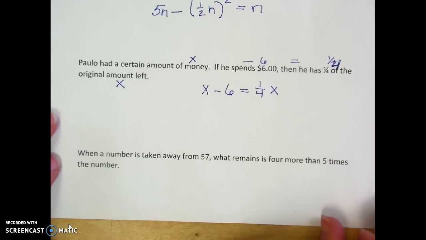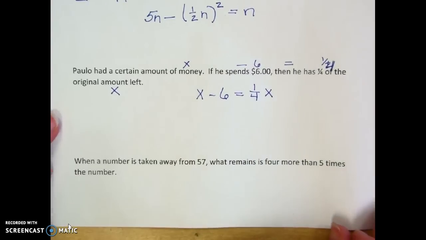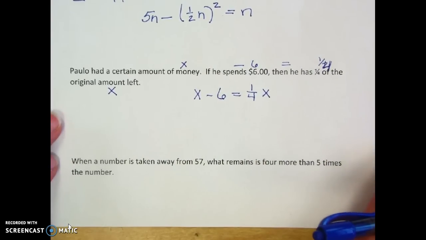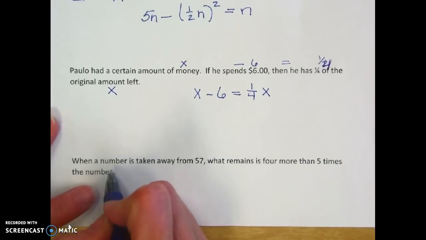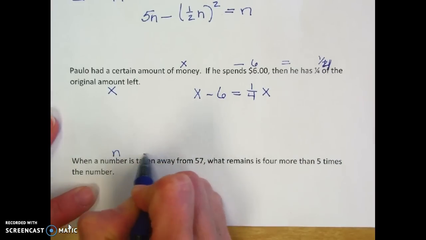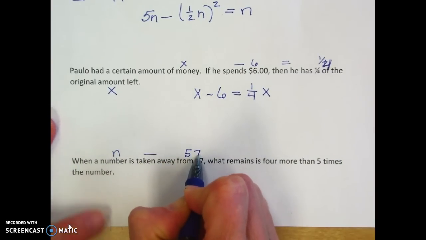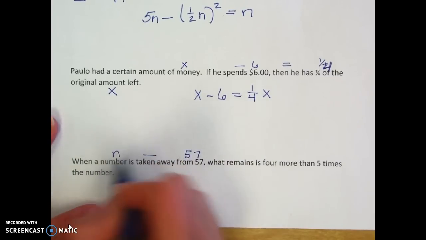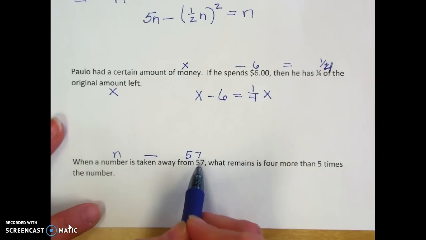One more on this page, and I'll pull up another page here. When the number is taken away from 57, what remains is 4 more than 5 times the number. So we have a number taken away from 57. Now again, this needs to be switched. We need to switch the order here. We want this taken away from this.